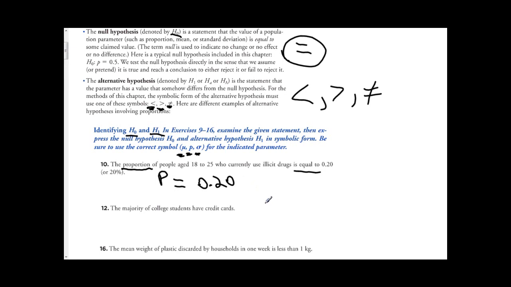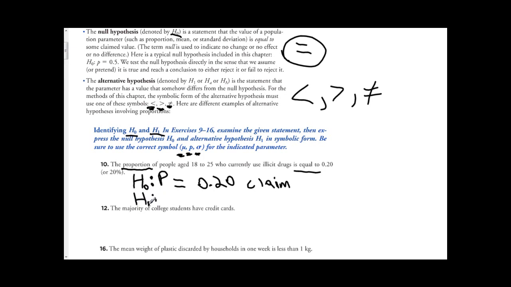Well, this is the claim, but we also need to identify it as either the null or alternative hypothesis. All we need to look for is the equal sign. If there's an equal sign, then it's definitely the null hypothesis. If there's no equal sign, then it's the alternative hypothesis. So in this case, the null hypothesis is actually the claim. So now we find the alternative hypothesis H1.